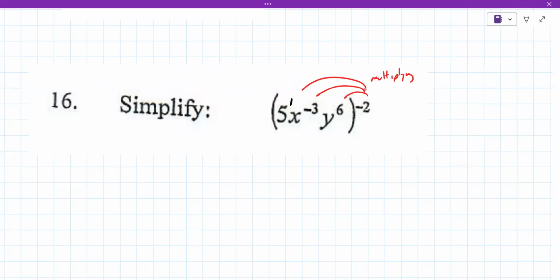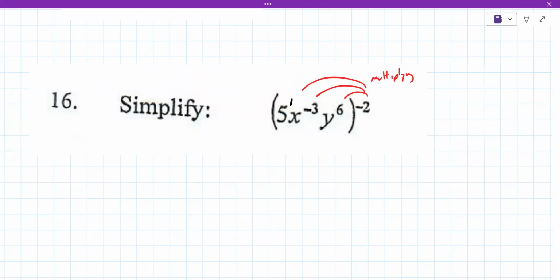Yeah, so that would be 5 to the negative 2, x to the negative x to the 6, y to the negative 12, and then x to the 6 over 25, y to the 12.